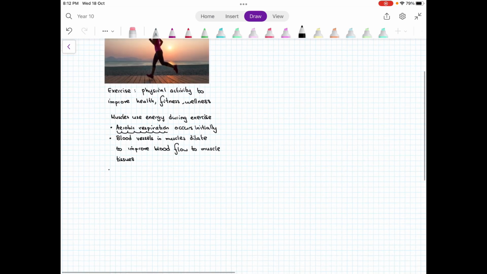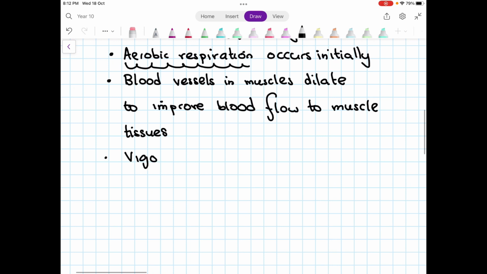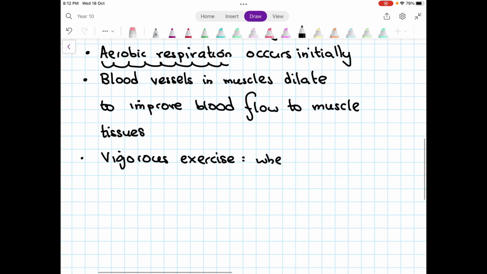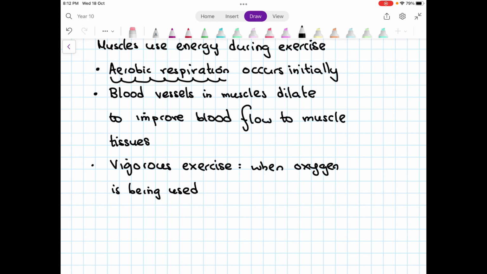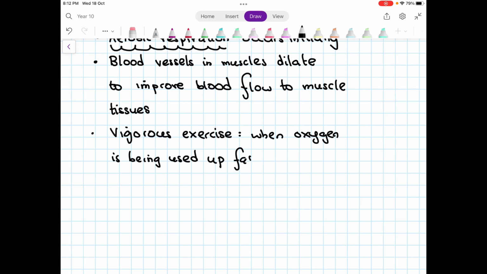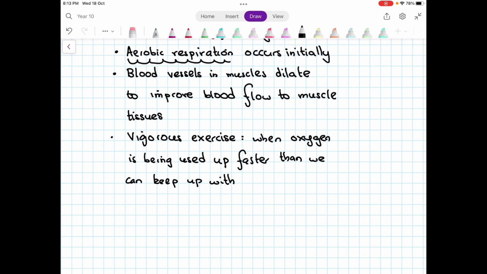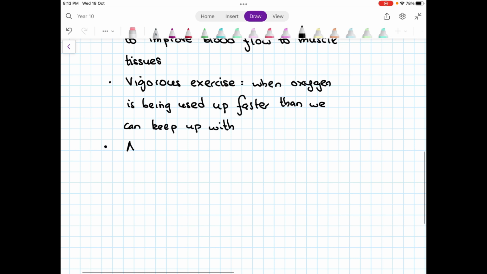But eventually what happens, and this is especially the case during vigorous exercise, is that oxygen is being used up in aerobic respiration faster than we are taking oxygen in through inhalation, so in this case, our cells resort to anaerobic respiration, which is respiration, but in the absence or the presence of very little oxygen.